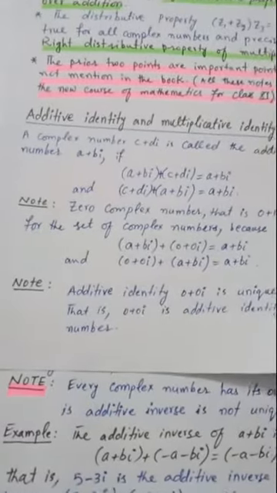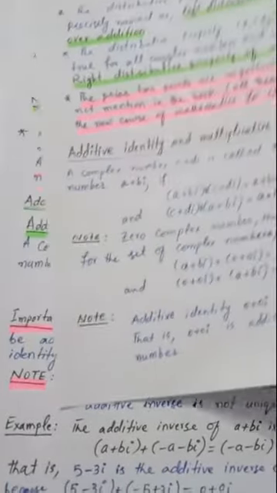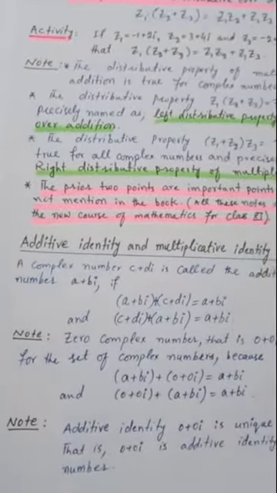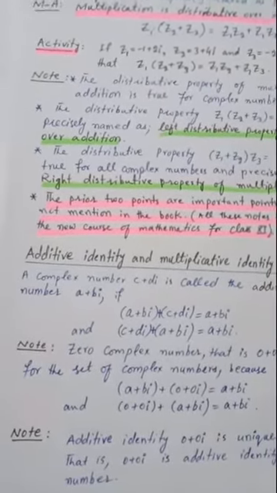Now moving towards the additive inverse. What is the additive inverse? This is the second topic of this video lecture. Now I am moving towards the additive inverse. What is the additive inverse?